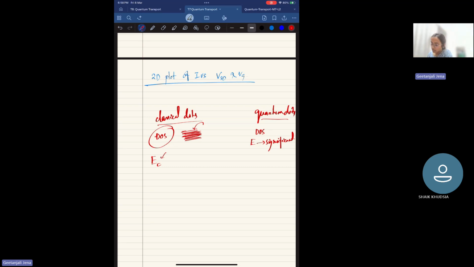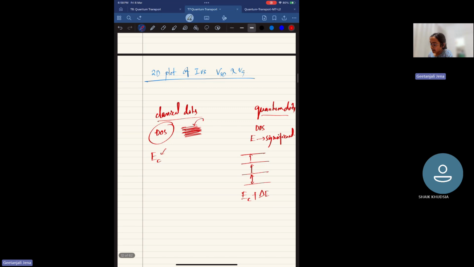But in quantum dots, because there is a significant spacing between the energy levels, in addition to the charging energy, we require some more energy so that it can excite to the next higher level.